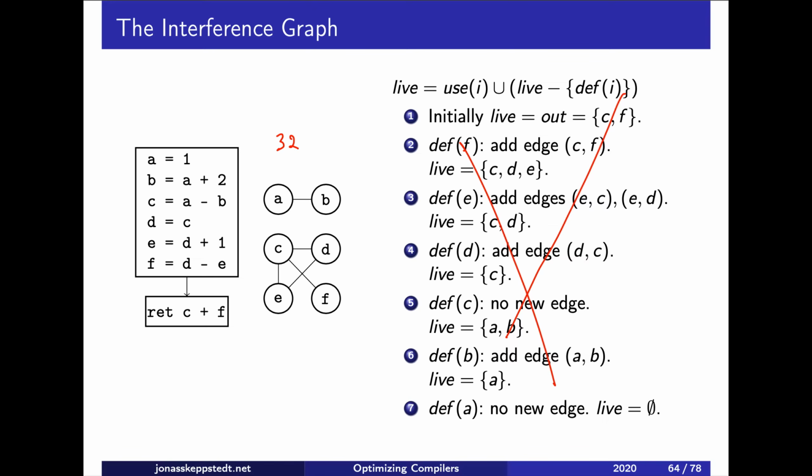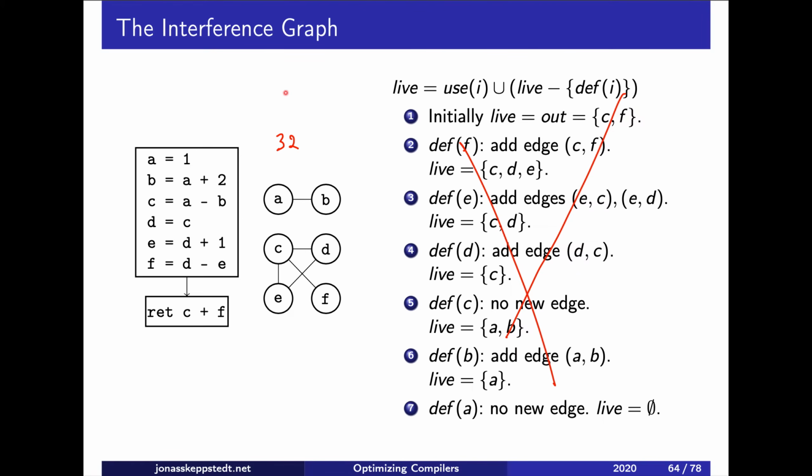Okay, so what do we do? Basically, what we can do is to remove nodes which have fewer neighbors than the number of colors available, since even if we color each neighbor with a different color, there will be one color left for this node.